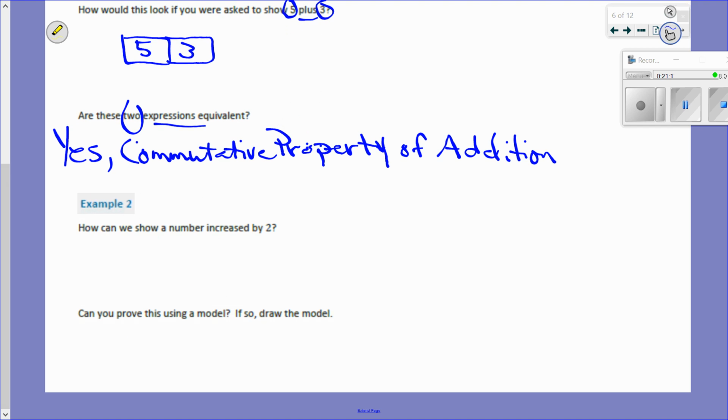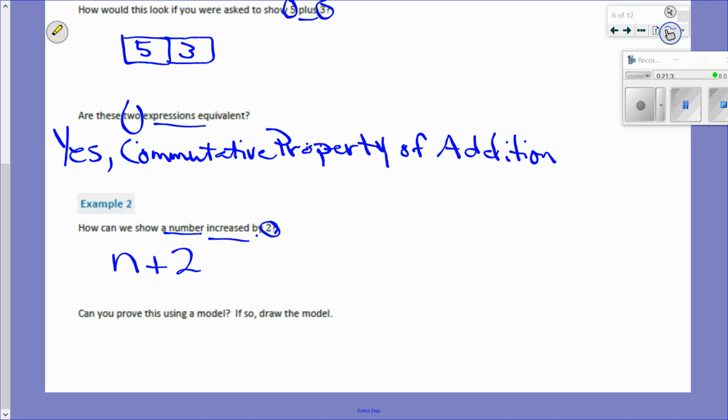Now, how can we show a number increased by 2? So what would be a number? N, okay. Increased by 2. So does that expression show a number increased by 2? Yes.